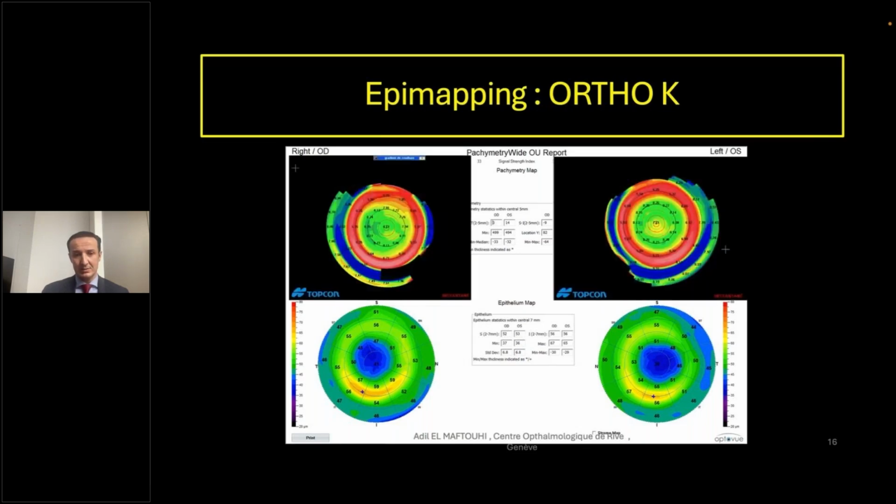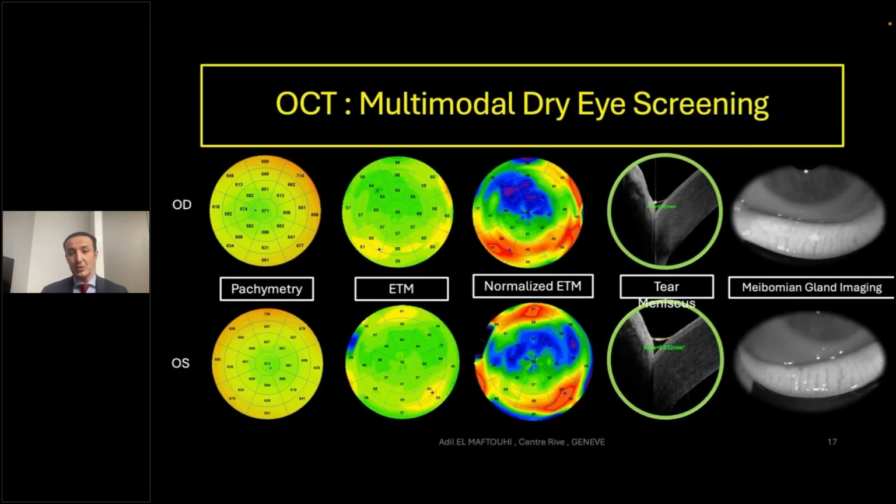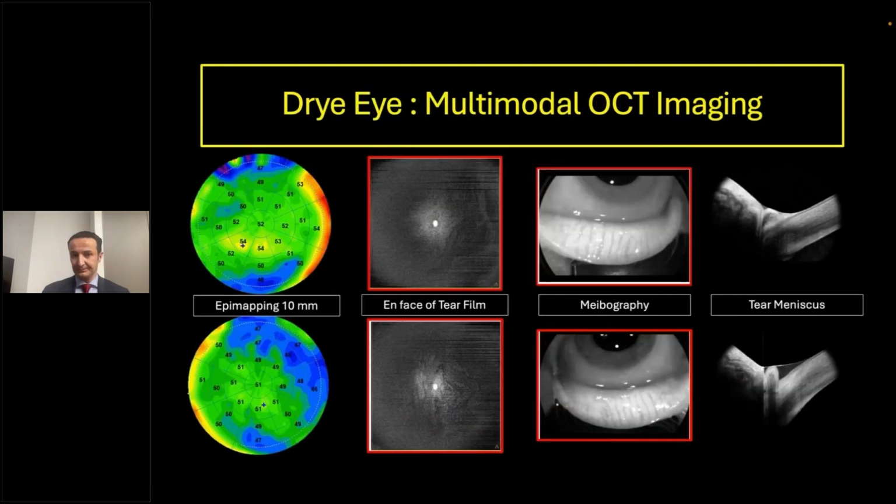And look at the comparison with corneal topography. So it makes sense that epithelium mapping be an important part of the multimodal dry eye screening by the OCT with normalized ETM, meniscus film analysis, meibomian gland imaging, and total pachymetry.